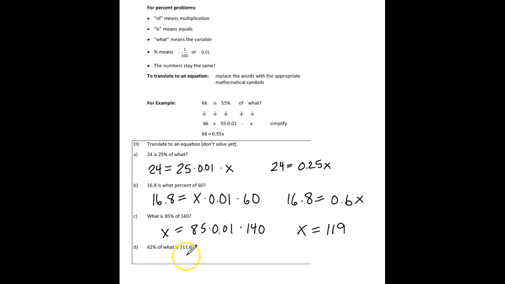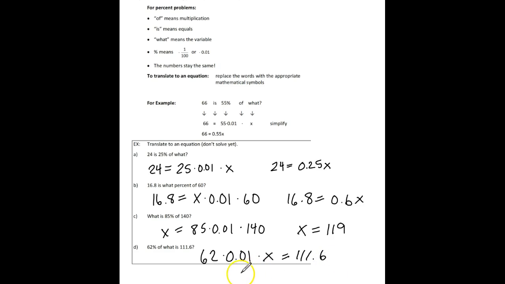And then our last one, 62% of what is 111.6. So 62% times 0.01, of, meaning multiplying, what, our variable, is, there's the equals, and then 111.6.